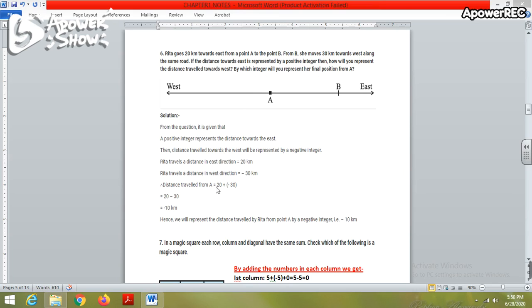For this you have to add these two distances. So 20 plus minus 30 equals 20 minus 30, which is equal to minus 10 kilometers. Hence we will represent the distance traveled by Rita from point A by a negative integer.